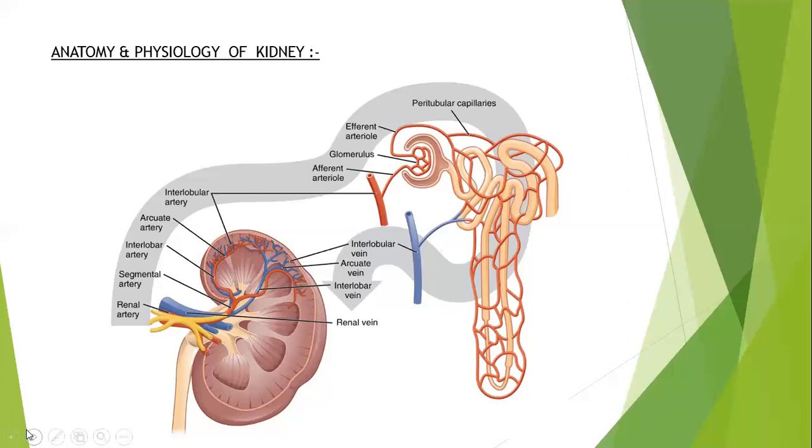So students, we have to understand the functions of the nephron, because the nephron is the functional unit of the kidney. So please look at this slide. This is the actual anatomy and physiology of a kidney.